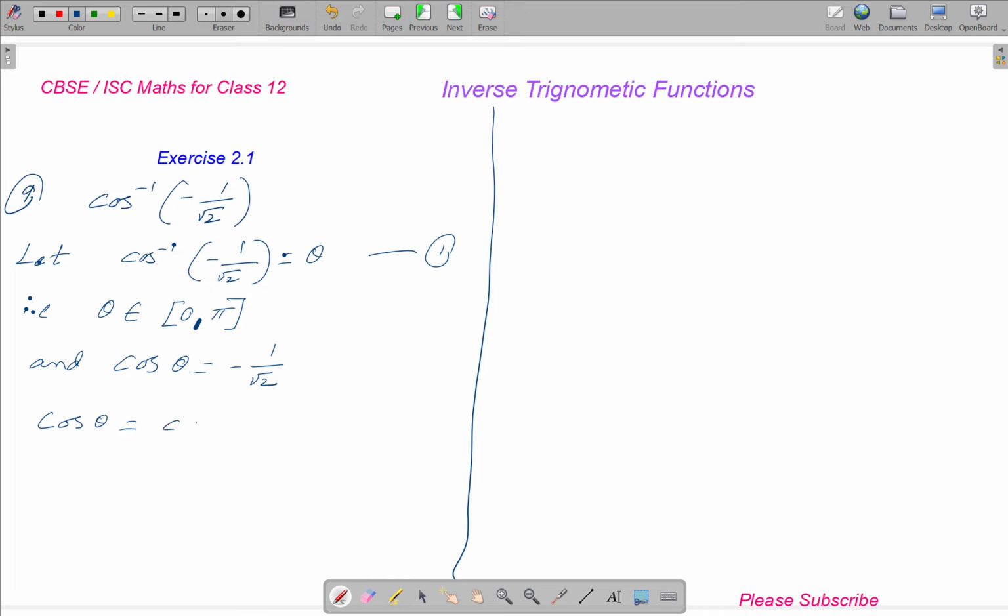Cos theta is equal to cos of pi minus pi by 4, that is 180 minus pi by 4.